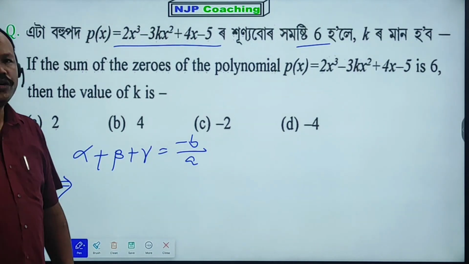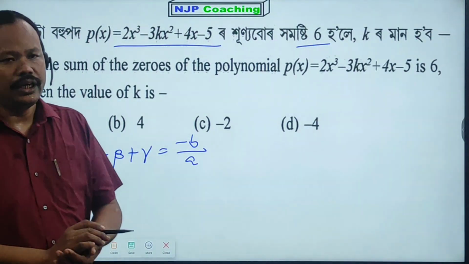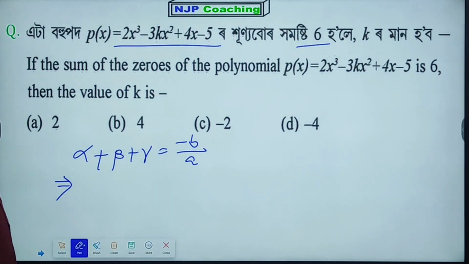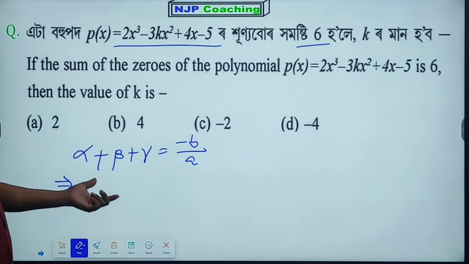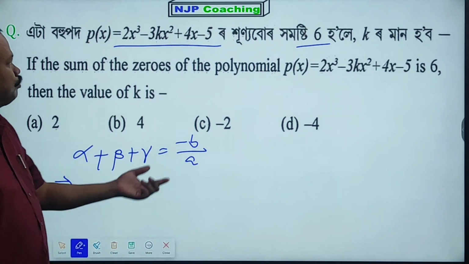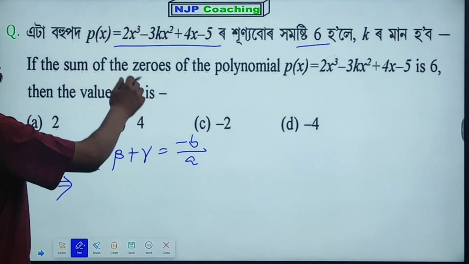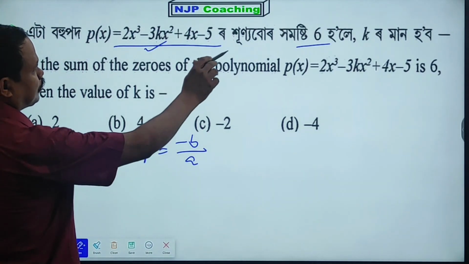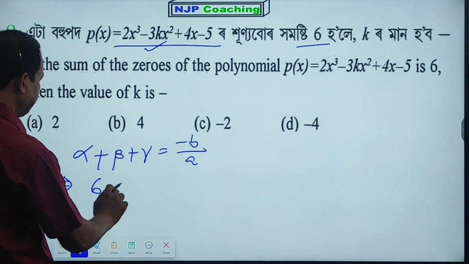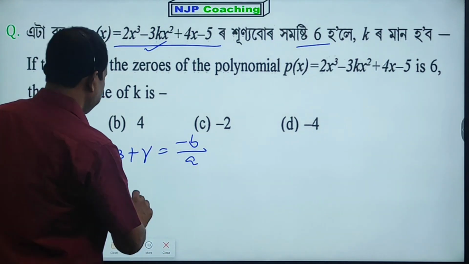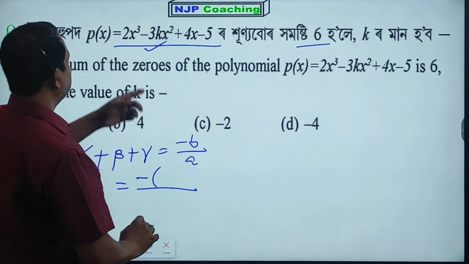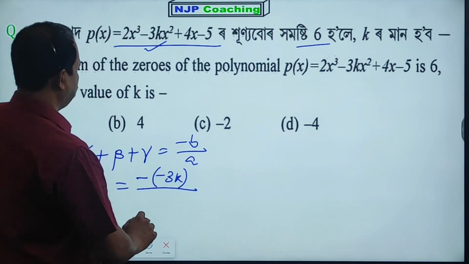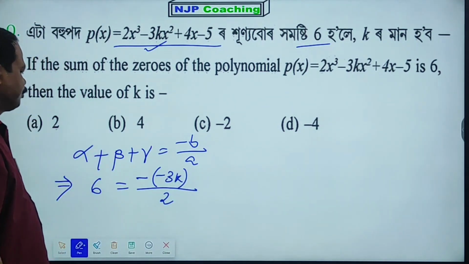The formula for the sum of the zeros of a cubic polynomial is minus b by a. So alpha plus beta plus gamma is equal to minus b by a. Now according to this polynomial, alpha plus beta plus gamma is given as 6, and minus b by a, that means minus, what is b? Minus 3k, and what is a? 2.